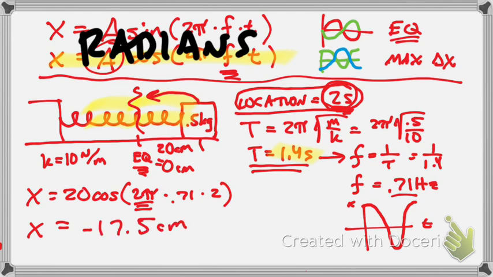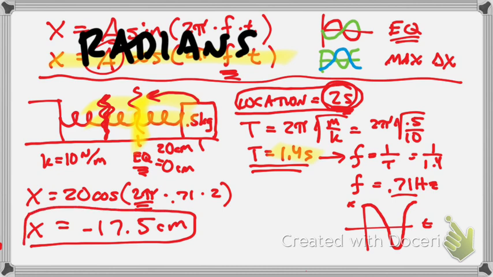So actually, it's moved its way past the equilibrium point at the 2 second mark, and it's on the way to reaching the negative direction, a little bit further than I anticipated, but negative 17.5 centimeters is going to be the location at the 2 second mark in this particular case.